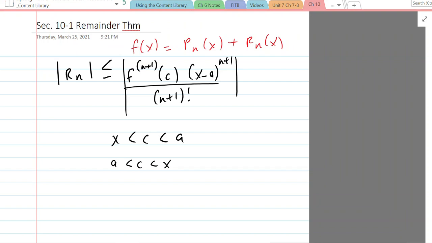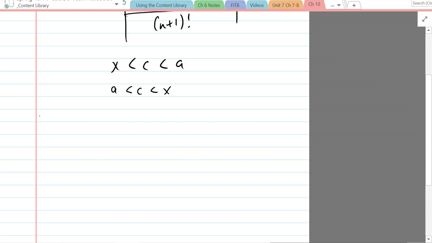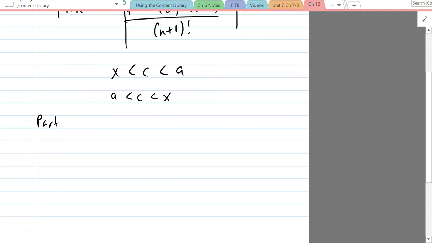So we're going to finish up number 2. We're going to do that example. Now that we've got this, this is part B for example 2.